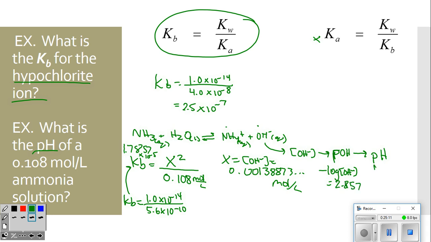And to do pH, I do 14 minus pOH, and that gives me 11.143. Now, does anyone want to ask anything about this example?